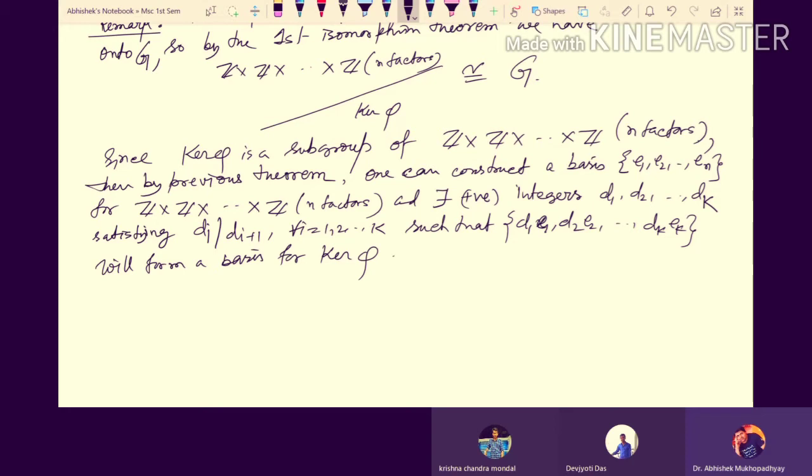And this proves that the kernel of phi will be isomorphic to d1Z cross d2Z cross ... cross dkZ.